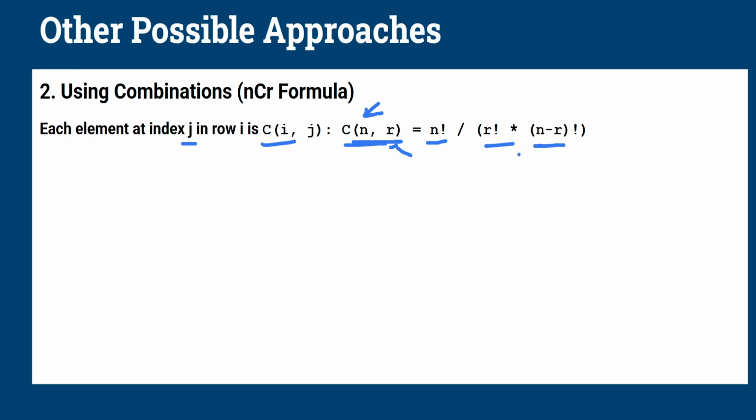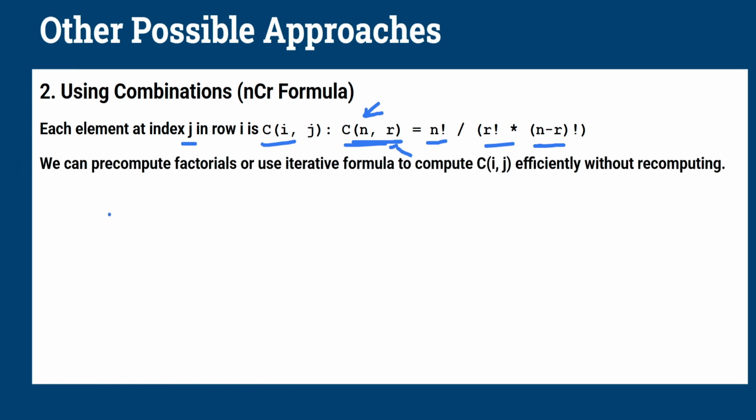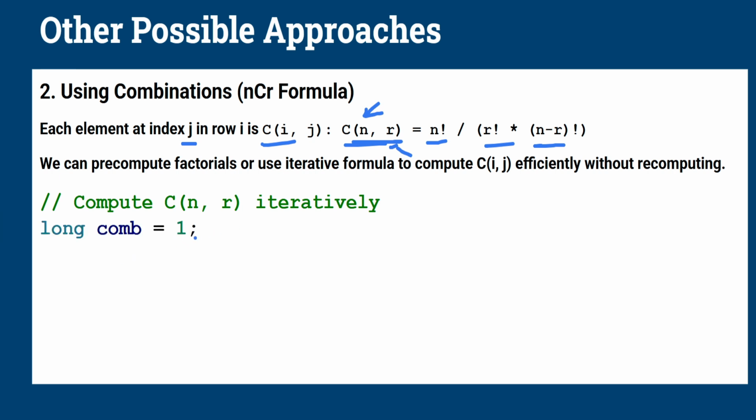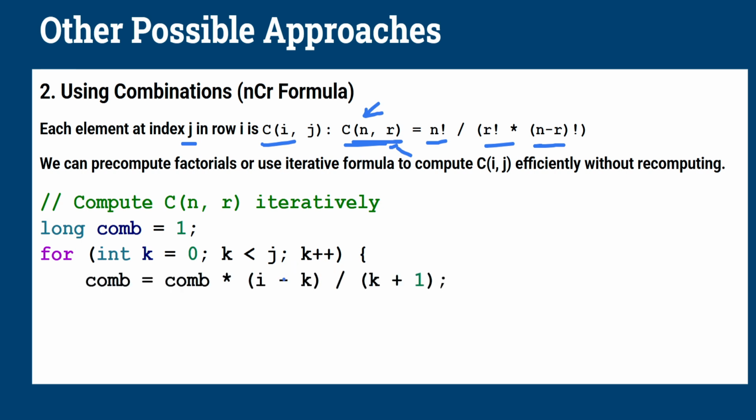Then we can pre-compute the factorial using the recursive formula. How would nCr work iteratively? Let's suppose the combination starts from 1, and k starts from 0 while k is less than or equal to j, with k plus plus. Then we find the combination as combination times (i minus k) divided by (k plus 1). So this is the combination formula that we can use to compute all the combinations.